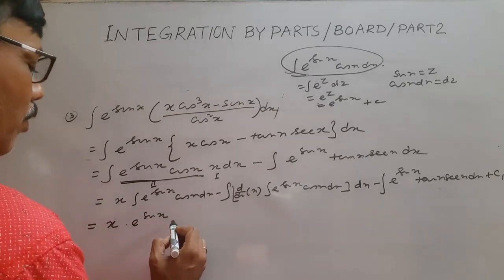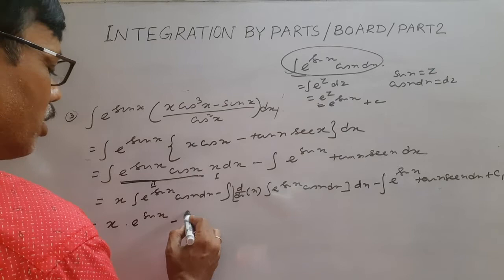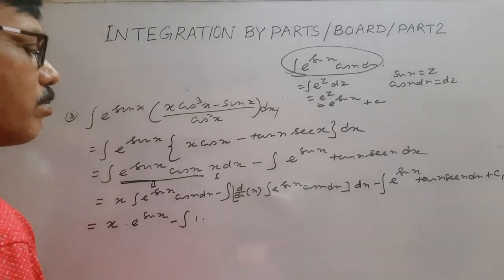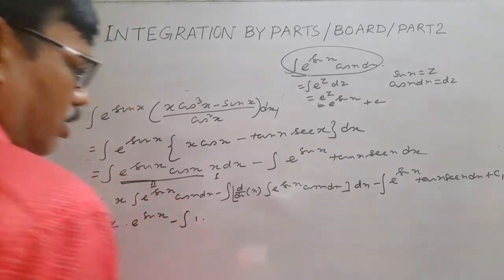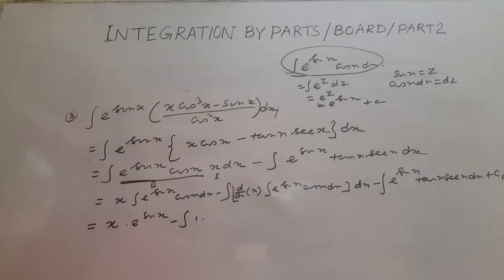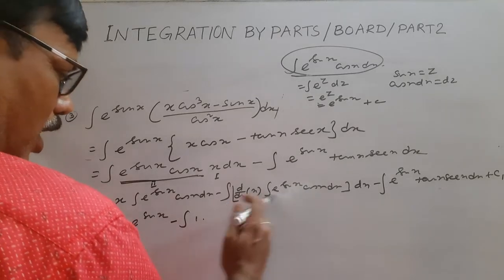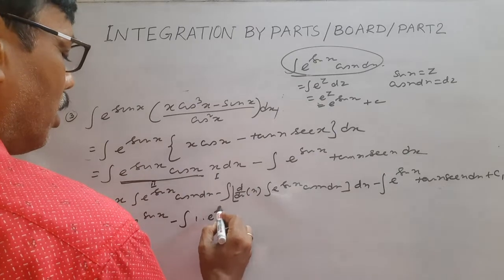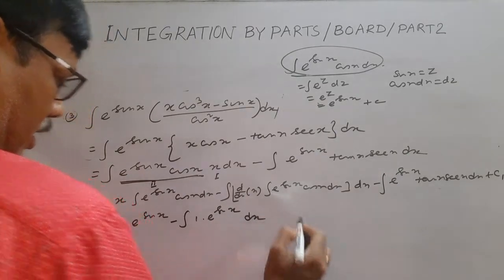Now minus, this is 1 times e to the power sin x cos x, e to the power sin x cos x. So e to the power sin x dx.